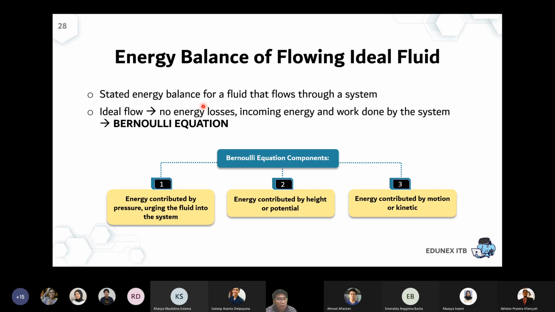What will be considered as ideal? In fluid flow which follows the Bernoulli equation, there won't be any energy loss, and there's also no additional energy inputted to the system, or no energy worked by the system.